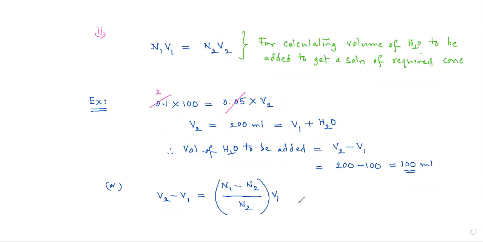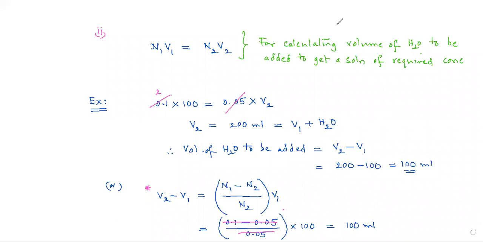Now, N1 is 0.1, N2 is 0.05, so 0.05 into 100. So this is of course 100 ml. That's it.